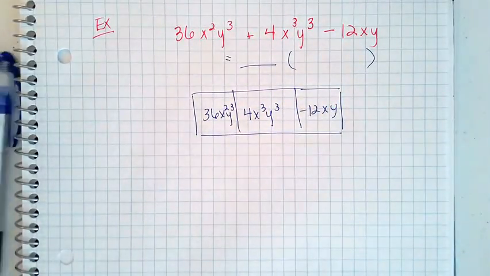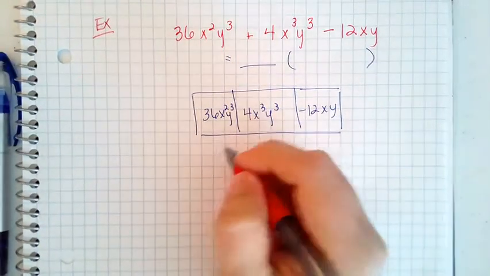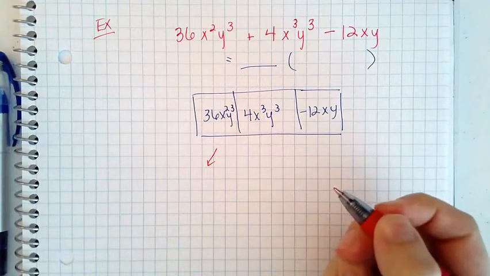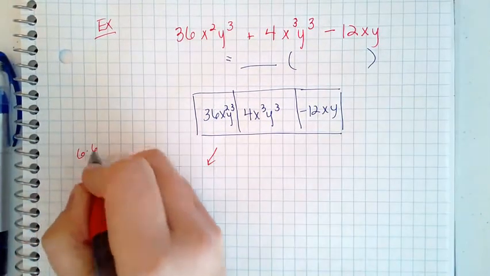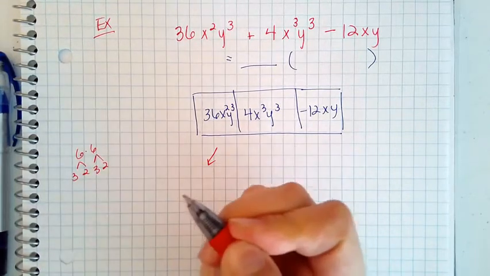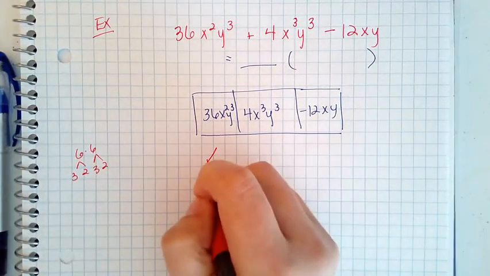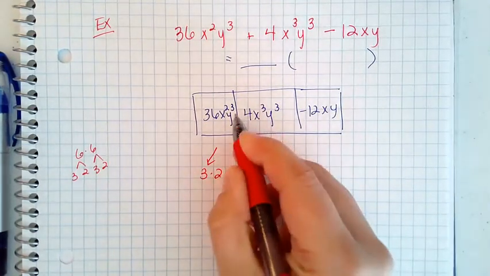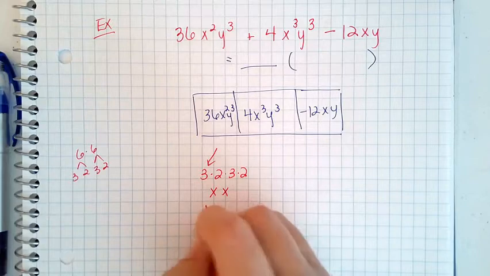So now if I write kind of the blobs, 36 is 6 and 6, right? 6 times 6. But I can break that down into 3 and 2, 3 and 2. So I want my prime numbers in there. So 3 times 2 times 3 times 2. And then I've got x squared and y.